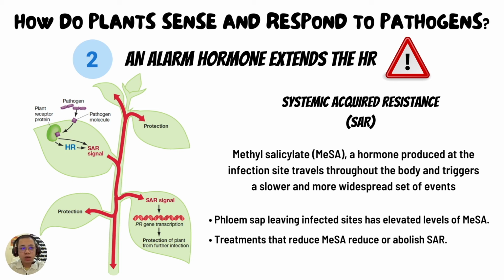So the biologists, or the experimentalists, concluded that it is MeSA because the fluid sap leaving the infected sites has elevated levels of MeSA. And the treatments that reduce MeSA reduce or abolish systemic acquired resistance.